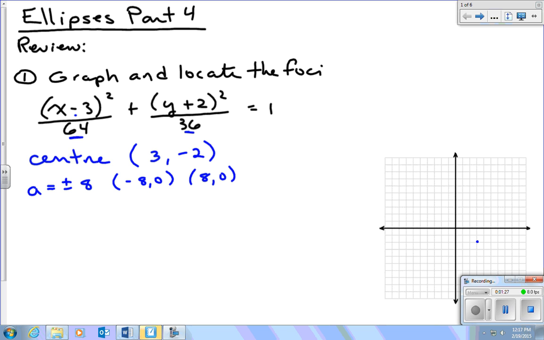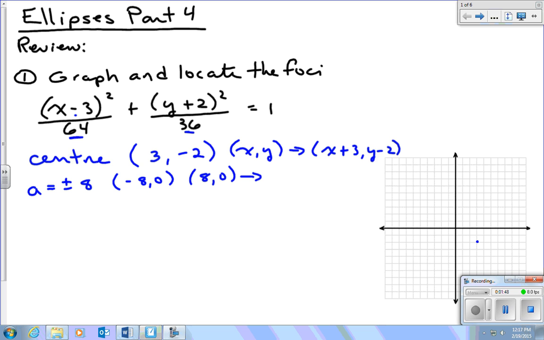So you could think of the mapping rule as being x, y: any original point on the ellipse that's centered at 0, 0 will map onto x +3 and y -2.